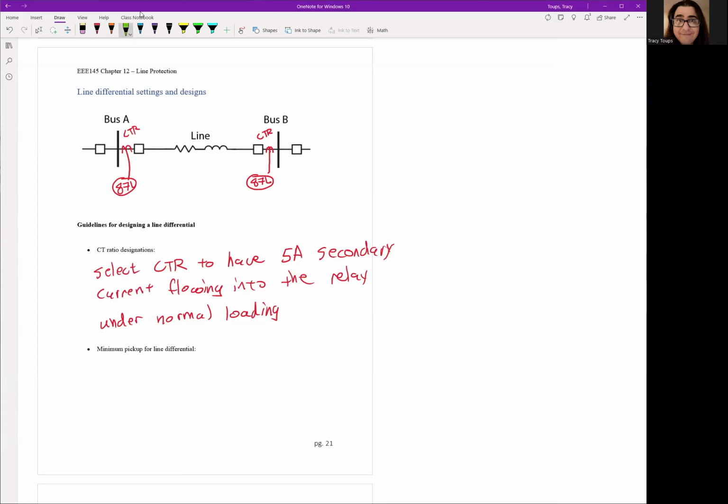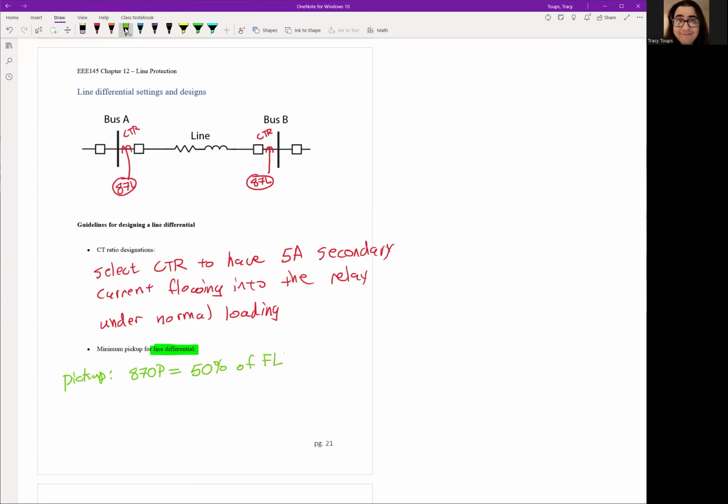Okay. For the minimum pickup for line differential, and I'm going to highlight line differential because this is separate from our typical overcurrent pickups. The pickup for a line differential, which for an SEL relay is, I believe, 87OP for operating current, this is a setting name, needs to be 50% of full load amps.